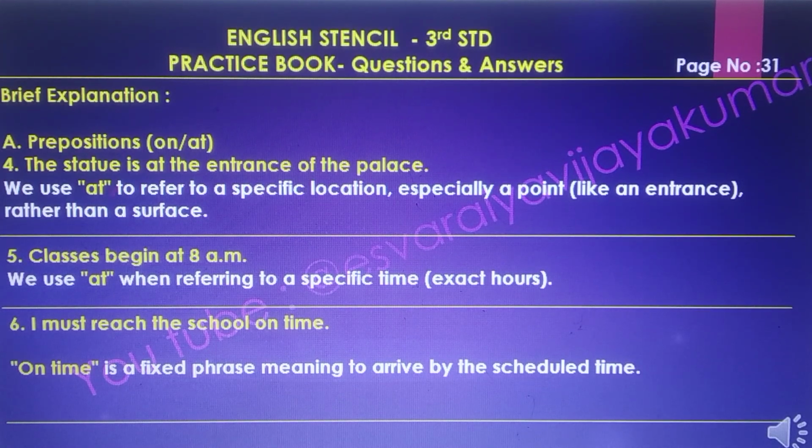We use at to refer to a specific location, especially a point like an entrance rather than a surface. Fifth one, classes begin at 8 a.m. We use at when referring to a specific time, exact hours. Sixth one, I must reach the school on time. On time is a fixed phrase meaning to arrive by the scheduled time.